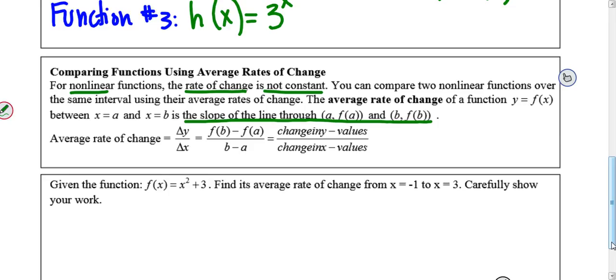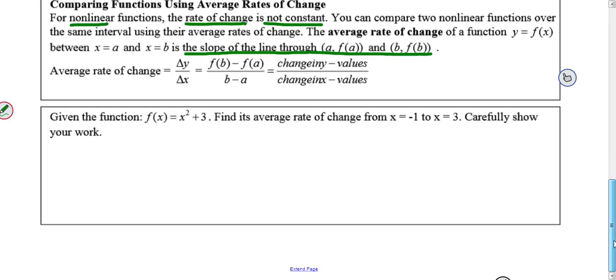Let's go ahead and do our first example together. We have f of x is equal to x squared plus 3. We're going to find its average rate of change from x equals negative 1 to x equals 3, and we're going to carefully show our work. I'm going to substitute these values into my equation and come up with my y.